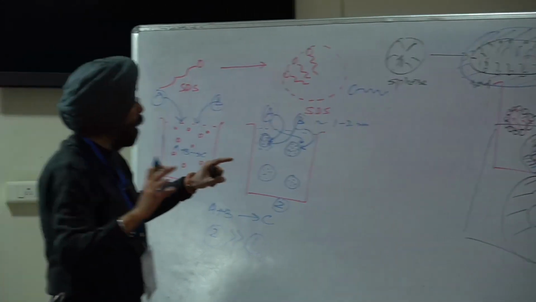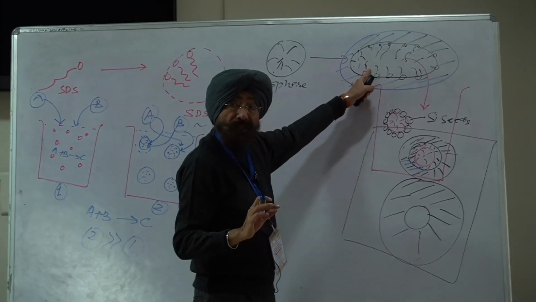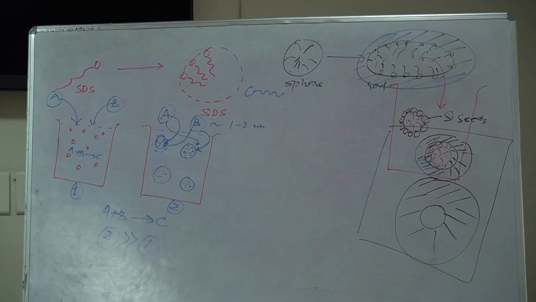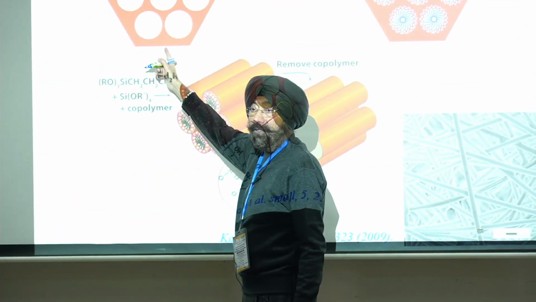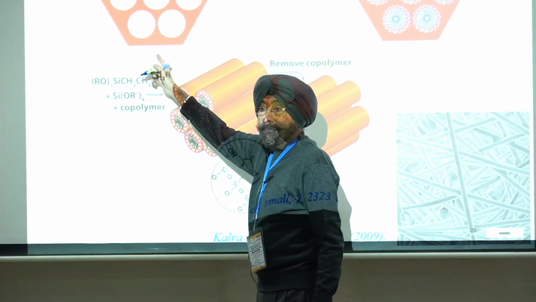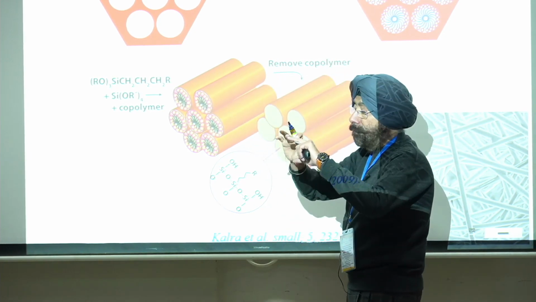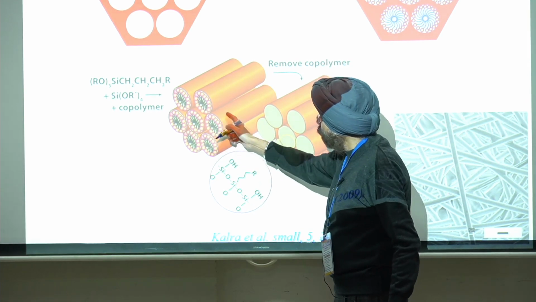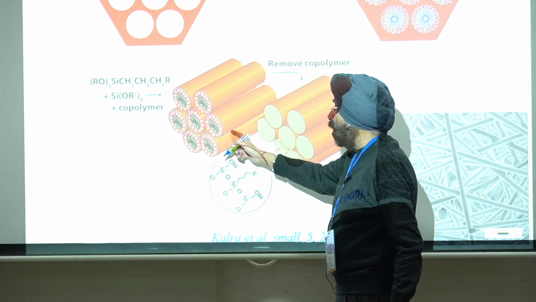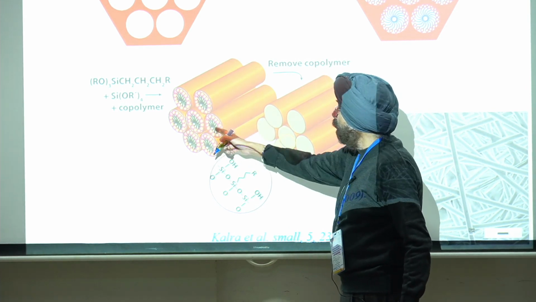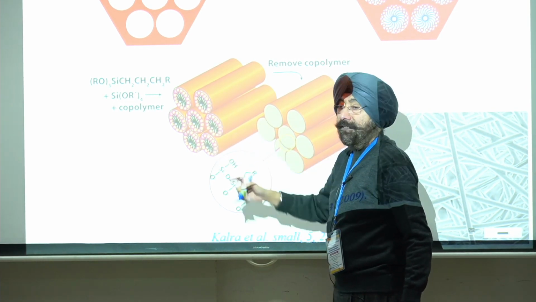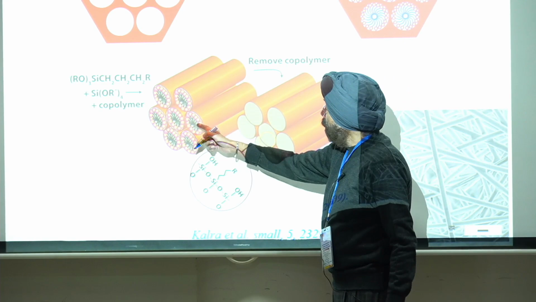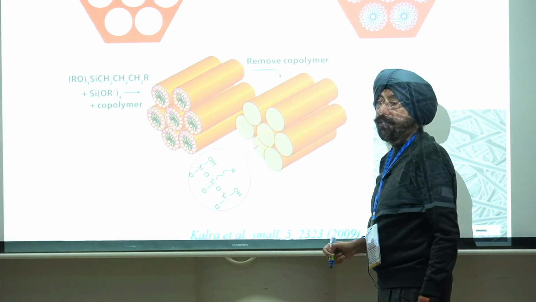So it means that now the cylindrical micelle is the template. Here the spherical micelle was the template. Spherical micelle helped us to create this kind of structure with the empty pores inside, and the polymeric cylindrical micelles created this kind of structure which is coated with the silicon oxide, and eventually when we treat it at elevated temperature, we will decompose the micelles, and hence we will produce the empty tubes.